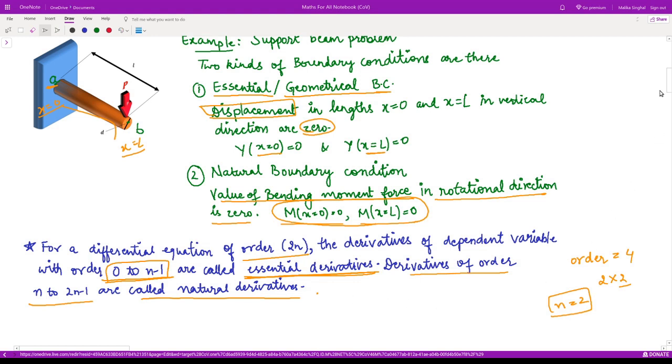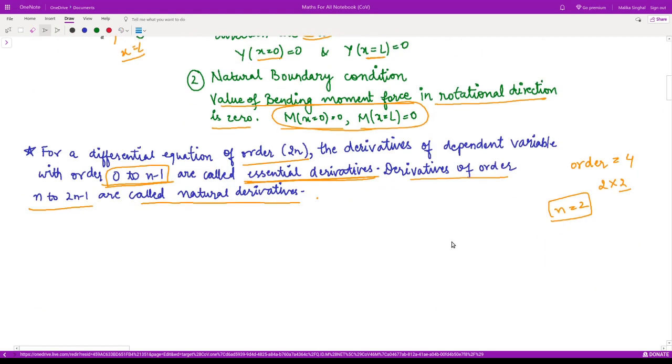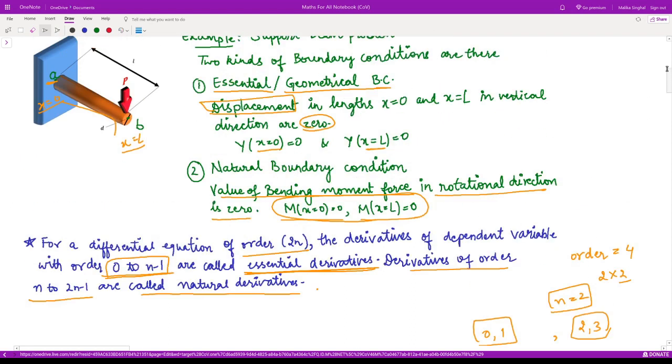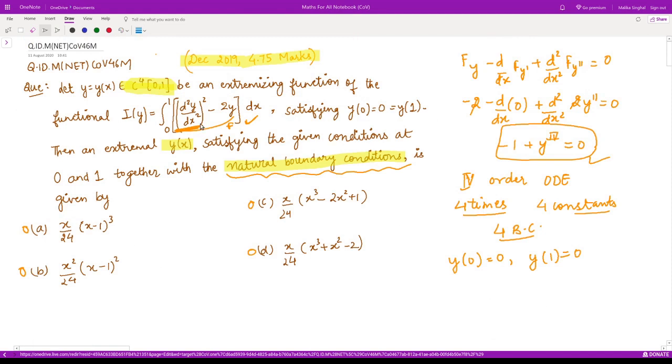So the essential conditions in our case would be of order 0 and 1, and the natural boundary conditions would have the order 2 and 3. But you see, in our question we are given the second order derivative here.